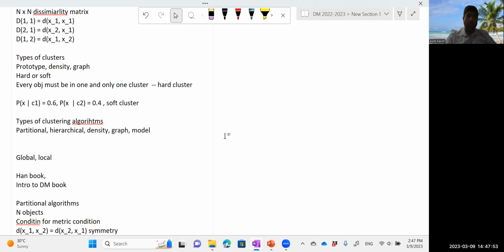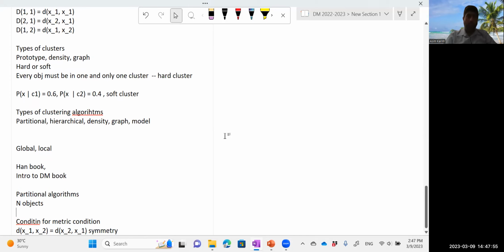In partitional algorithms, we will need to specify k clusters, so k needs to be specified upfront. And obviously k would be much less than n. The number of clusters would be much less than the total number of observations, otherwise it would defeat the purpose.